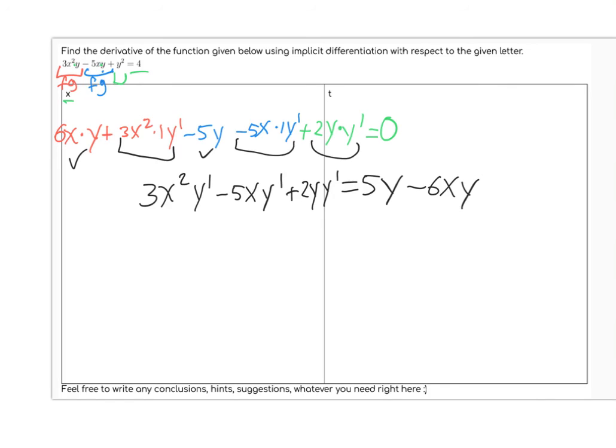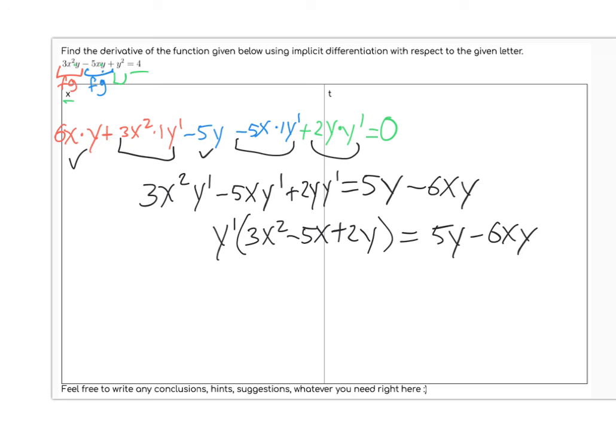All three of these have a y prime. I'm going to factor that out, leaving me with 3x squared minus 5x plus 2y, and that's equal to 5y minus 6xy. When we get y prime by itself, we're left with 5y minus 6xy divided by 3x squared minus 5x plus 2y. That's the end of this problem.